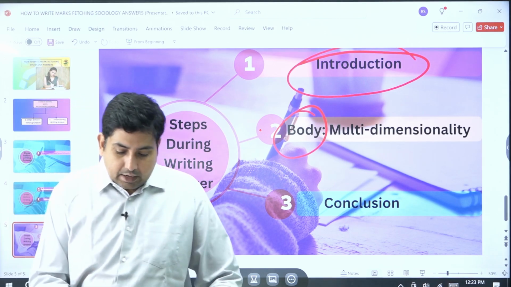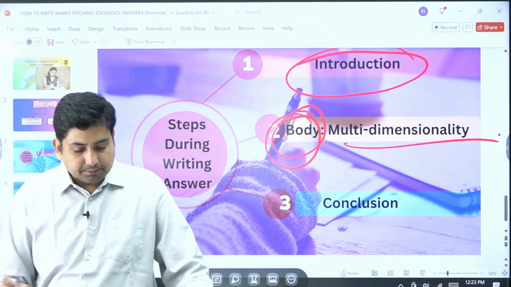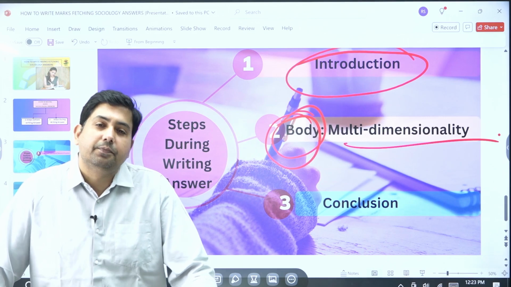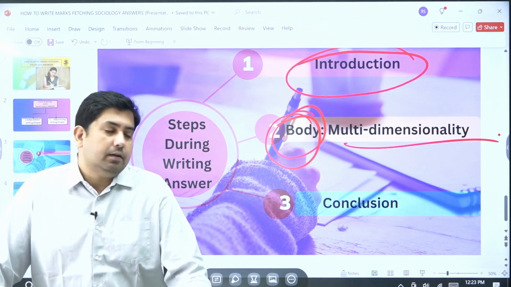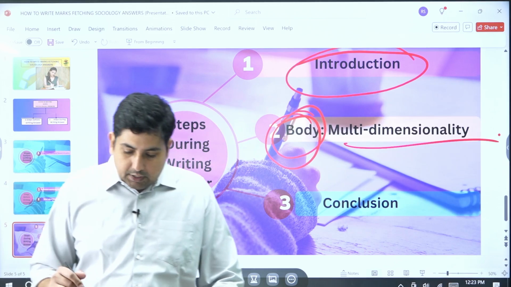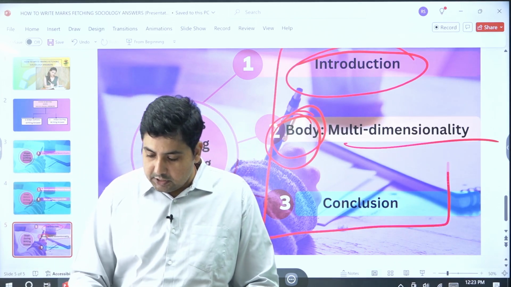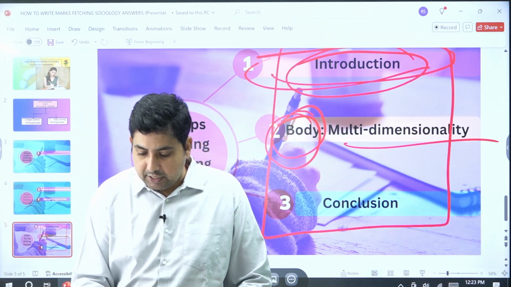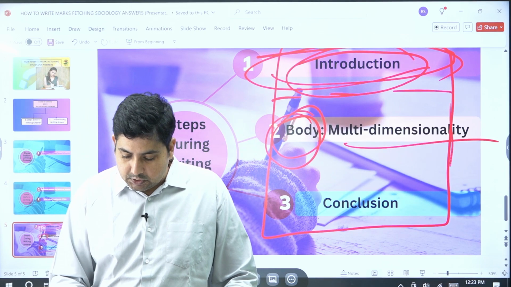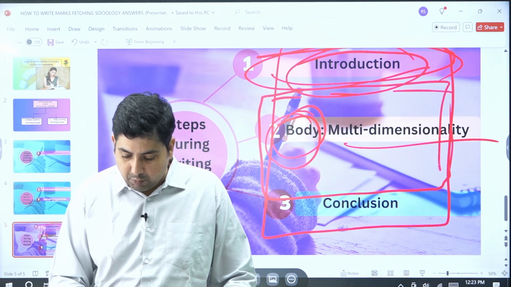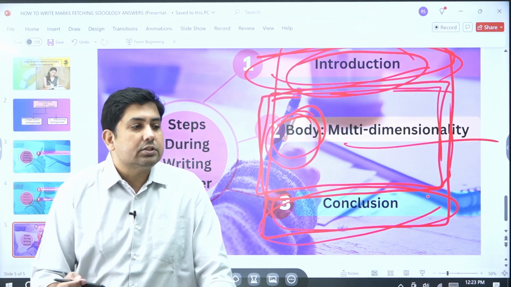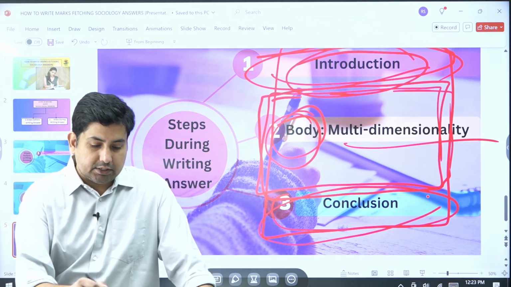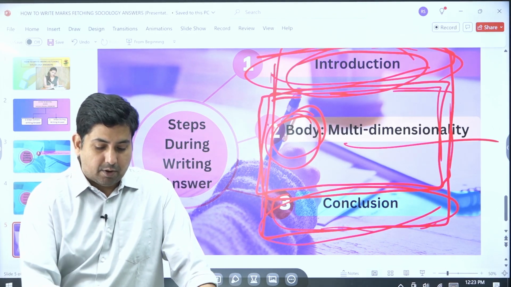Now, then come to this body part, multidimensionality. Okay, see, in the main body. So in the exam, what would be there? Your answer script. First the introduction here, this much you can devote to the main body part, and the remaining portion to the conclusion. So this is your answer script, copy page. Okay?